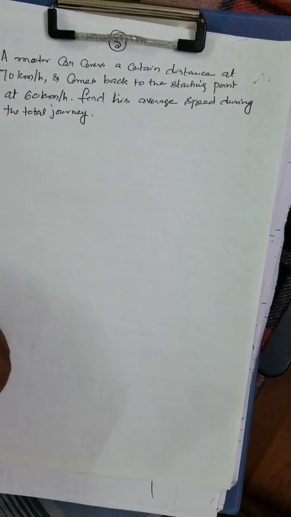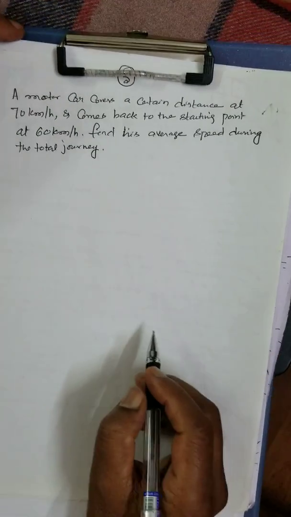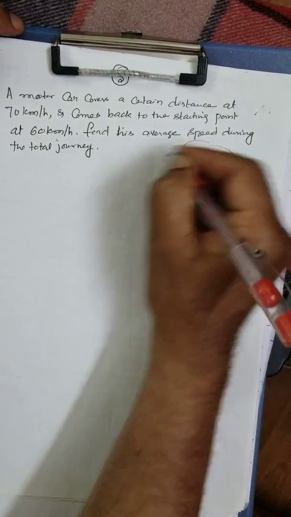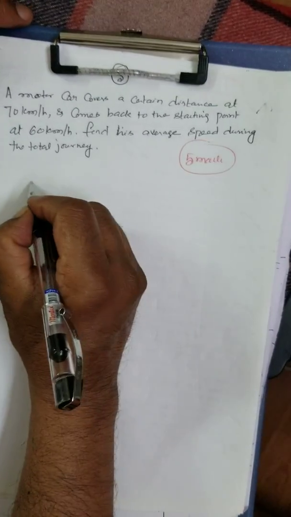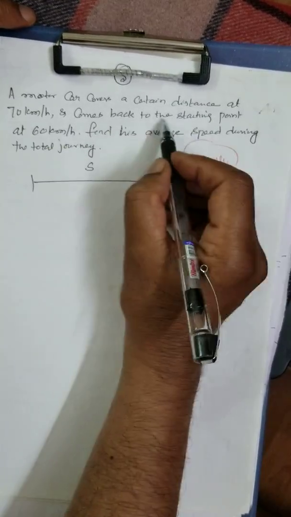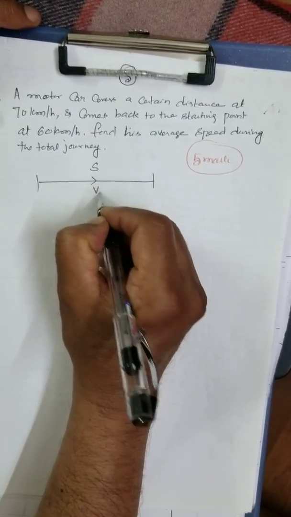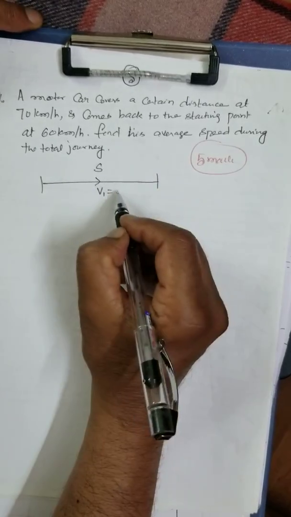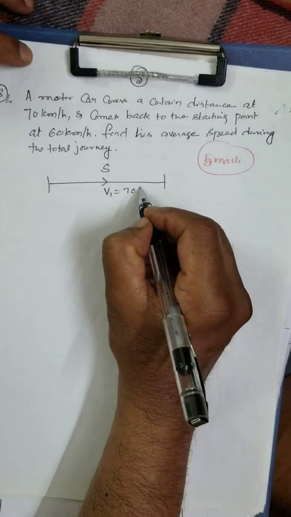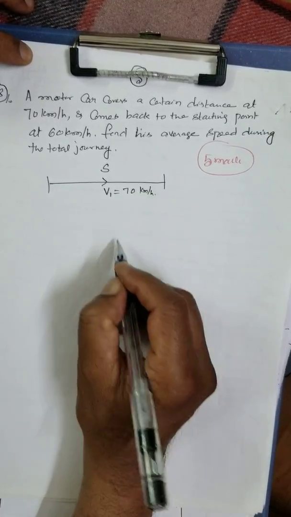Now, this particular problem, which you have already done in the chapter on average, is a 5 marks question. A motor car covers a certain distance with a certain velocity v1. What is v1? 70 km per hour.